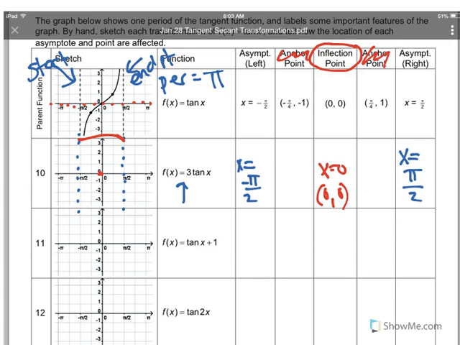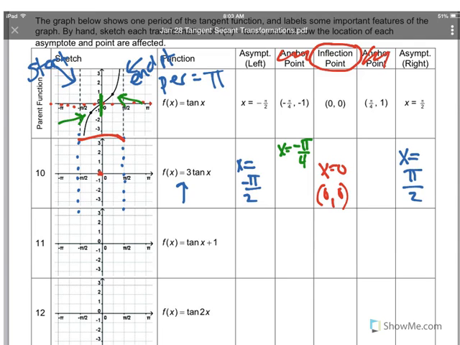My two halfway points, what this calls anchor points, are halfway between my asymptote and my intercept. So now that I have my asymptotes and my intercept covered, I want to do the halfway point between my left asymptote and my intercept, which puts us at x equals negative pi over 4.